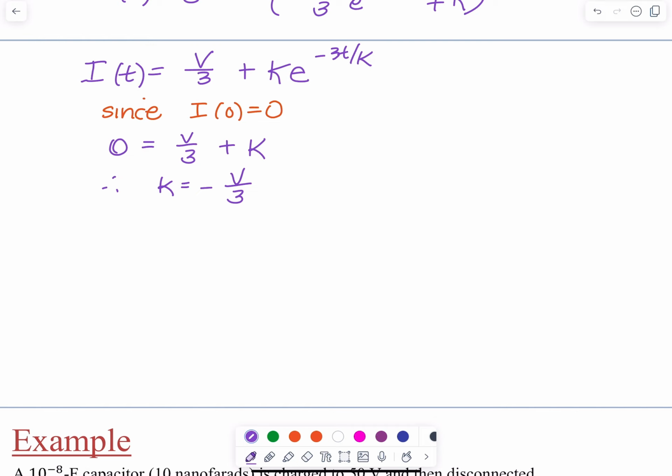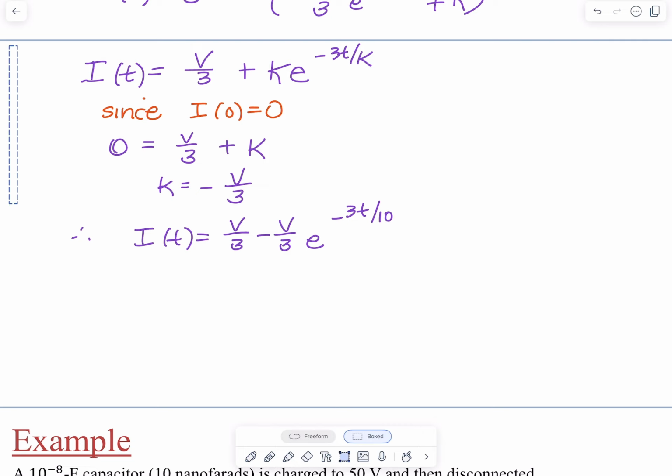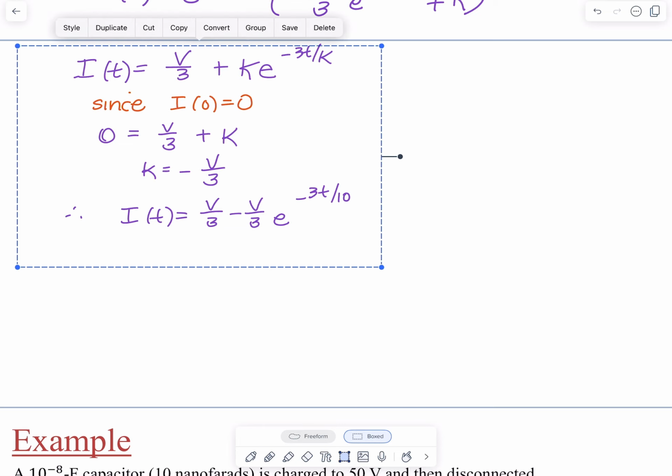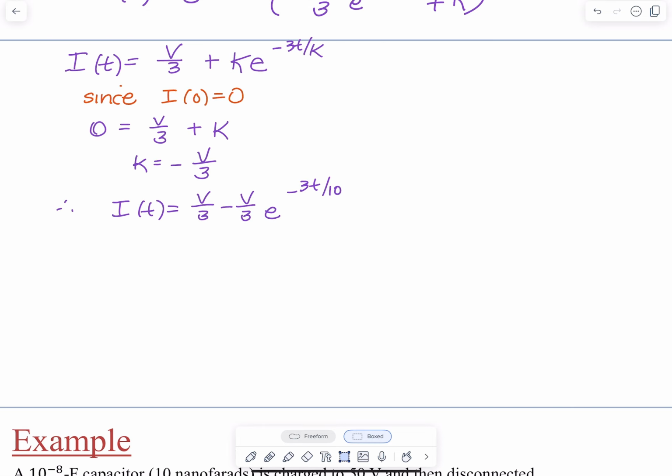And therefore, I of t is equal to v over 3 minus v over 3 e to the negative 3t over 10. Now we want to find that limiting value. So let's go ahead and take a look.